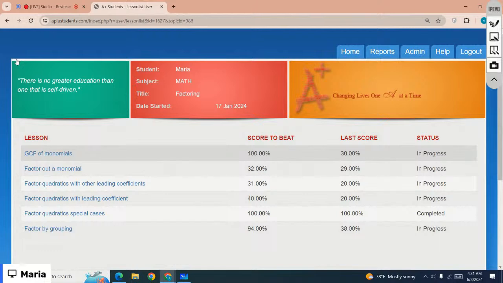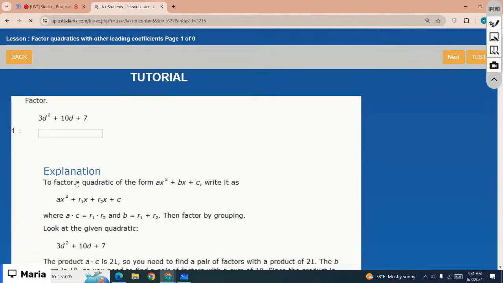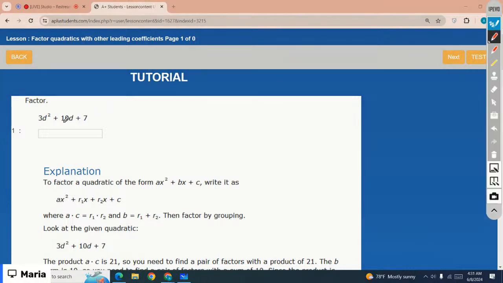The next one is factor quadratics with other leading coefficients. Let's start with the next lesson. Okay, that is 3d squared plus 10d plus 7, right? You have to factor this. So that is in the form ax squared plus bx plus c, right? You need to split the b, which is 10. How do you split it?